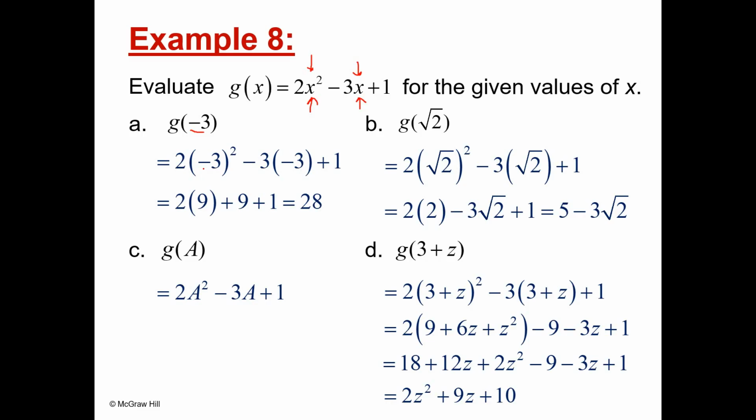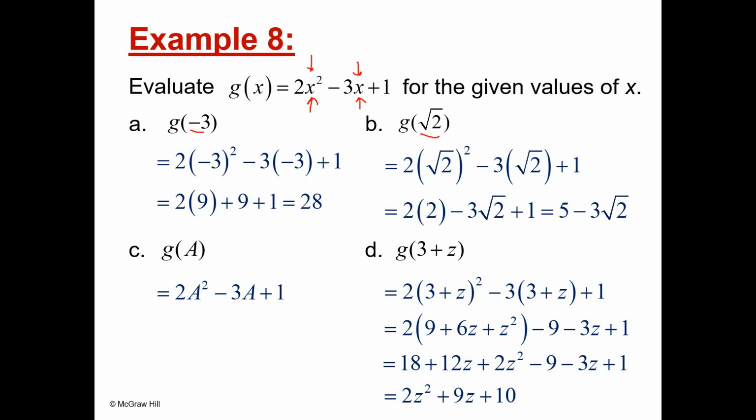In this case, recall that minus 3 to the power of 2 will be 9 because minus 3 times minus 3 is equal to 9. For this case, x is equal to radical 2. So replace the value of x equal to radical 2 in x squared and in x.